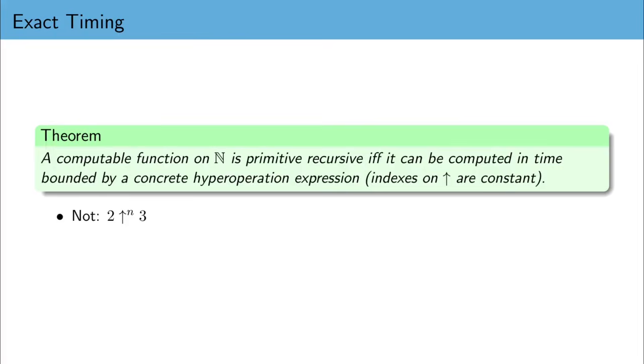We can't have a function that runs in 2 nth hyperoperation 3 time. But if we had a computable function that ran in n the 5th hyperoperation, 3 the 2nd hyperoperation n time, this would be a valid concrete hyperoperation expression, and so that function would be primitive recursive by this theorem. And this will be a key characterization for this video.